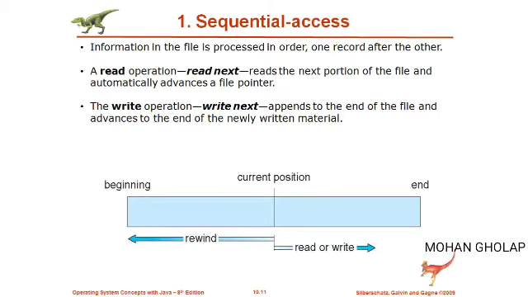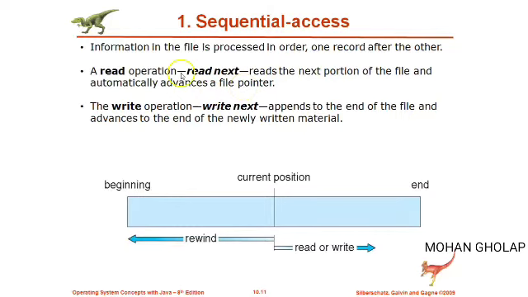one after the other. Here again there are mainly two operations that can be performed, that is read and write operation. For this we have the system calls, that is read next and write next. For the read operation the system call is read next. It reads the next portion of the file and automatically advances a file pointer.